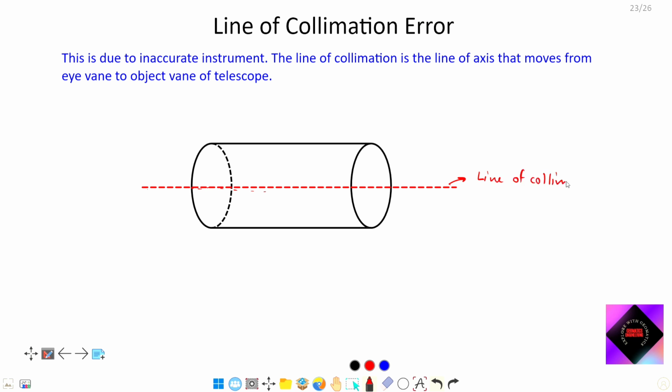If it has some error, that means our line of collimation is tilted inside the telescope, then it will show an error. If we make our instrument horizontal, meaning we have taken the bubble in between the tube, we assume that our instrument is horizontal, but our line of sight will not be horizontal at that time.